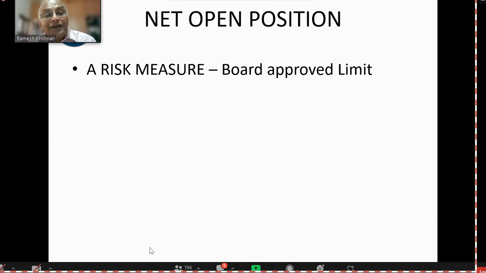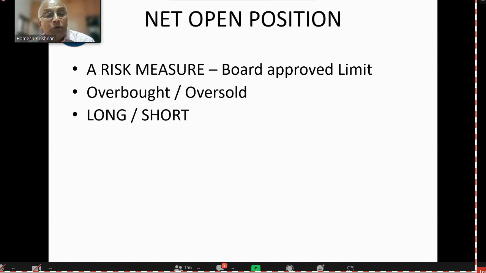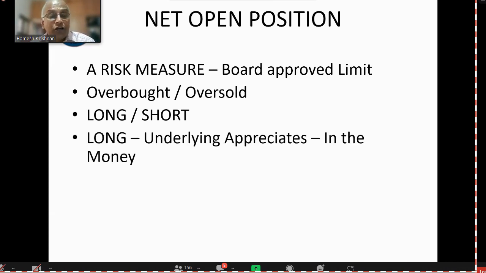Now, what is net open position? It's a risk measure approved by the board. You can have an overbought and an oversold position. Think of USD INR. So dollar you can be long or dollar you can be short. You are long and dollar appreciates from 75 to 80. Dollar appreciates, you are happy because you have bought dollar at 75 and today you can sell it at 80.